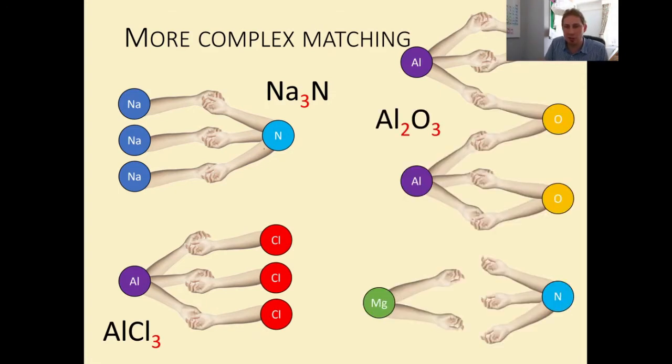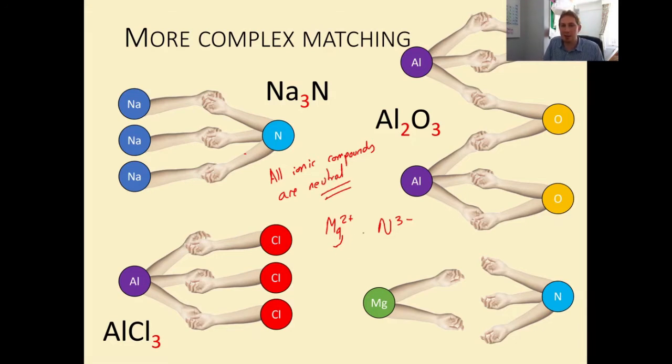You can do this from the charges, of course. So exactly the same method is to say magnesium 2+, N3-. Rather than thinking about the number of bonds, we need the overall charge to be neutral. So all ionic compounds are neutral.